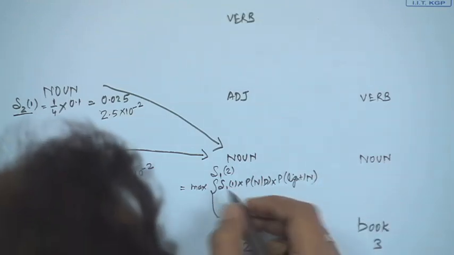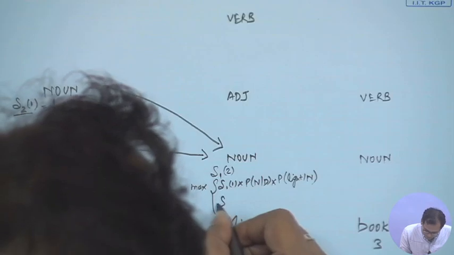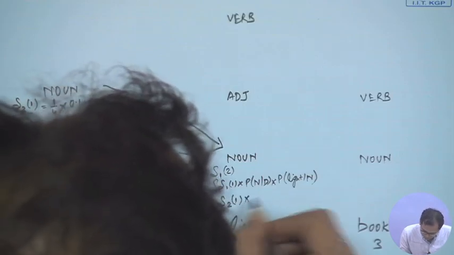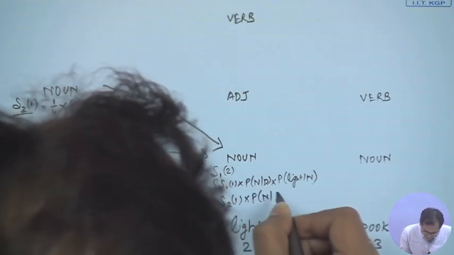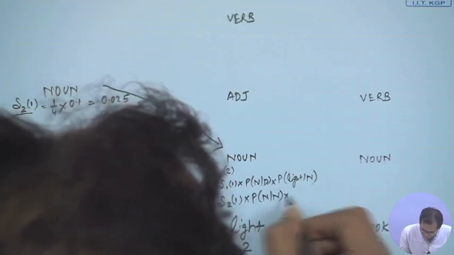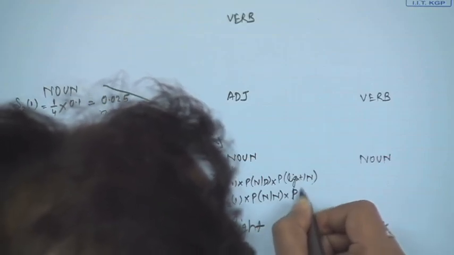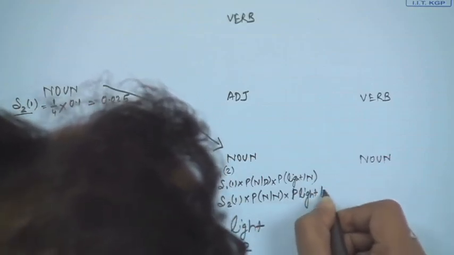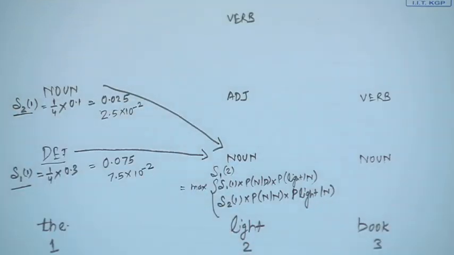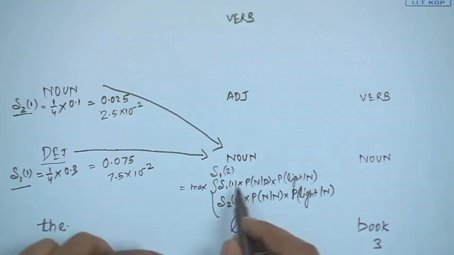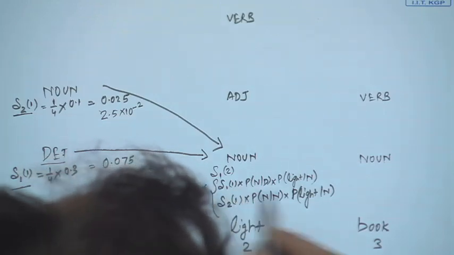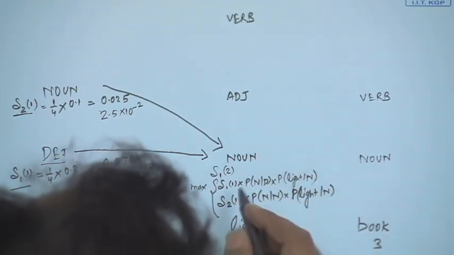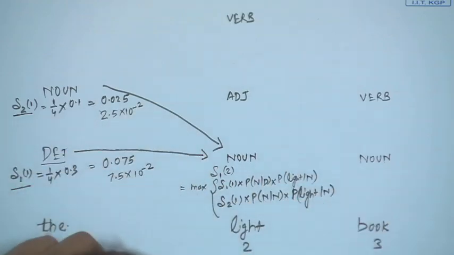The second one would be delta 21 times probability of noun given noun times probability of "light" given noun. Let us compute these two probabilities, and you will take the max of these.